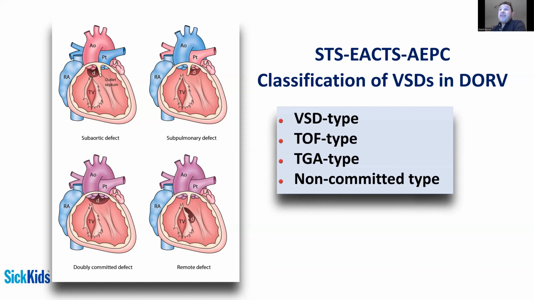So they're either a VSD type, meaning they're subaortic, with a straightforward baffle from the LV through to the aorta, or they're the tetralogy type, which we all recognize as a subtype of tetralogy morphology with a multi-level obstruction to the pulmonary and subpulmonary region, and with a large overriding aorta committed through a perimembranous VSD.